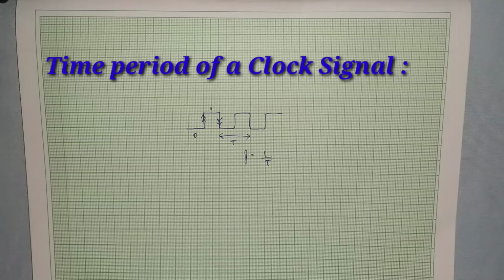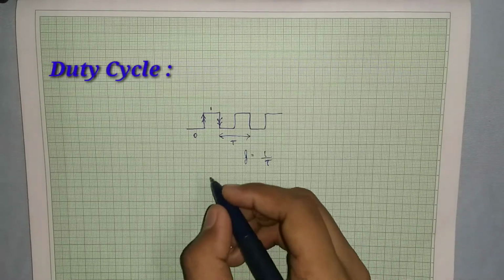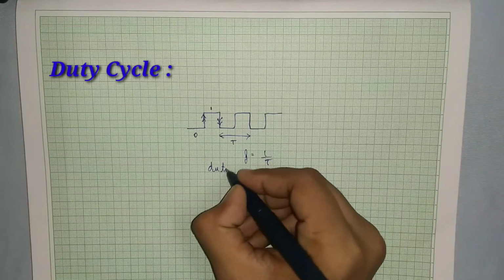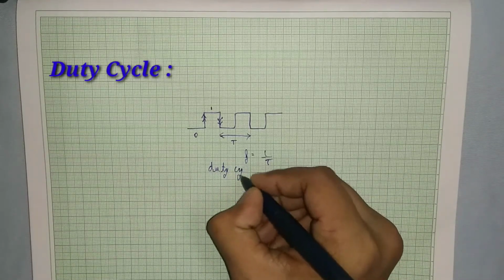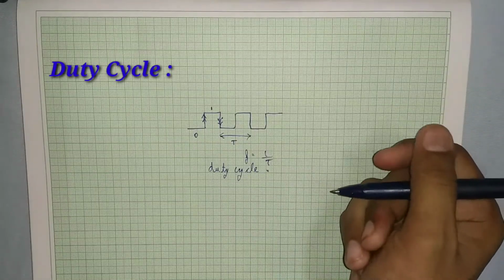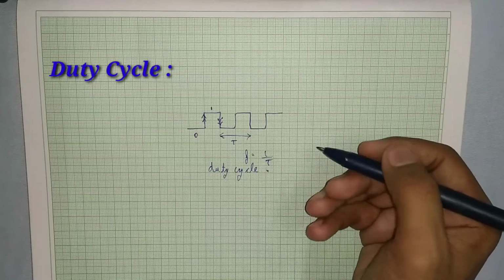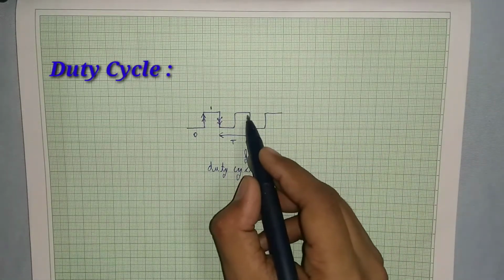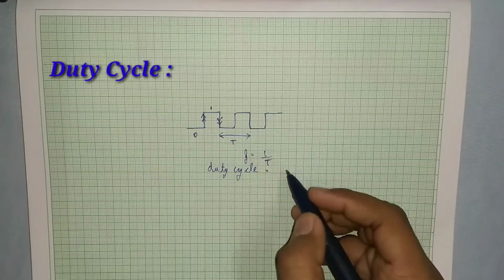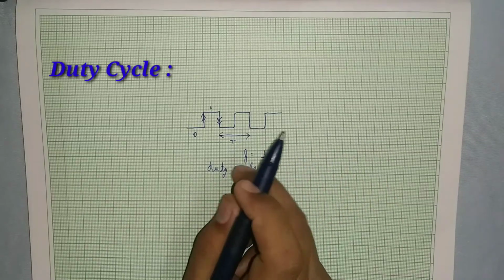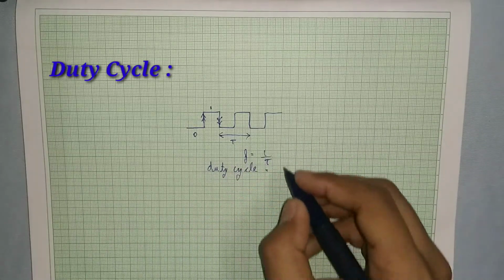Besides frequency and time period, the oscillation also has something called duty cycle. Duty cycle is equal to the time in which the signal is high divided by the time of the oscillation, that is the time period of the oscillation.